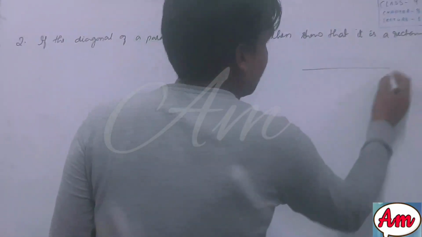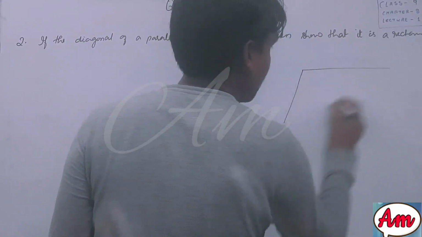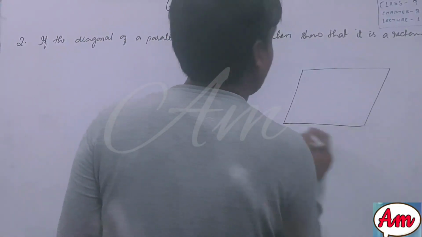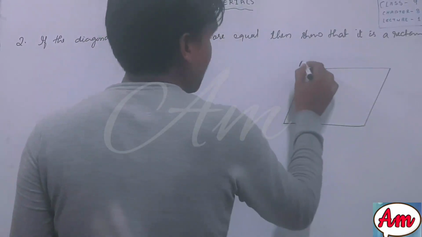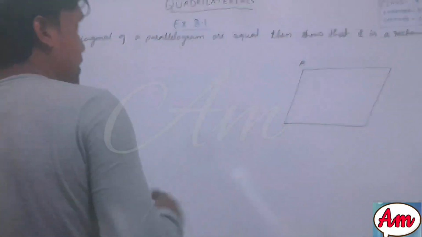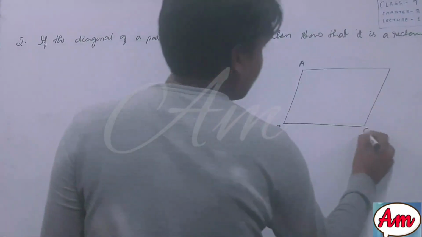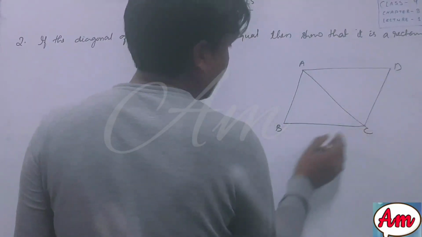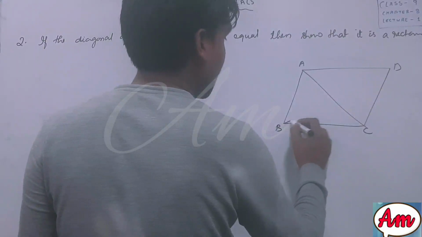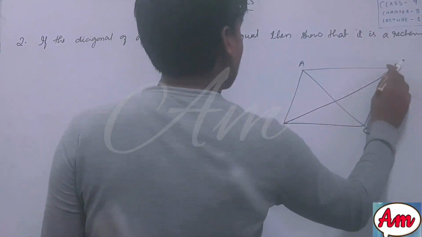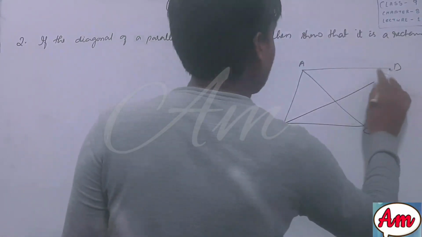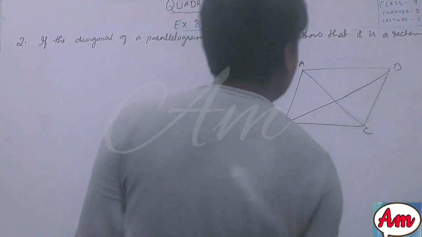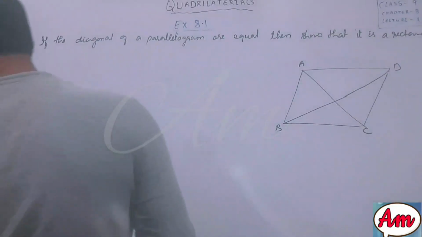My diagrams are very dangerous dear students, so please bear with me. So suppose this is a parallelogram. Let's assume that this is A, this is B, this is C and this is D, and this is the diagonal AC and this is the diagonal BD. Okay, so this is the diagonal.